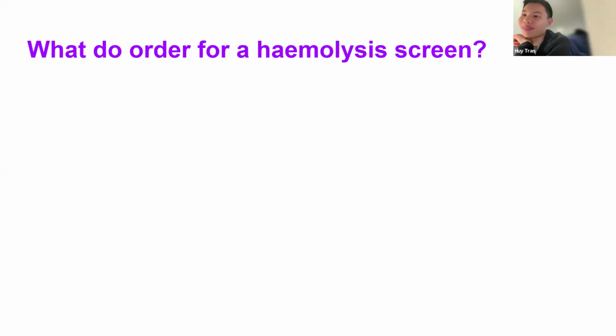How about Ella? From my memory, it will be a full blood count with a blood film. You need a reticulocyte count, LDH, and the direct antigen test. I can't remember which one. So it would just be the DAT, direct antigen test, formerly known as the Coombs test.